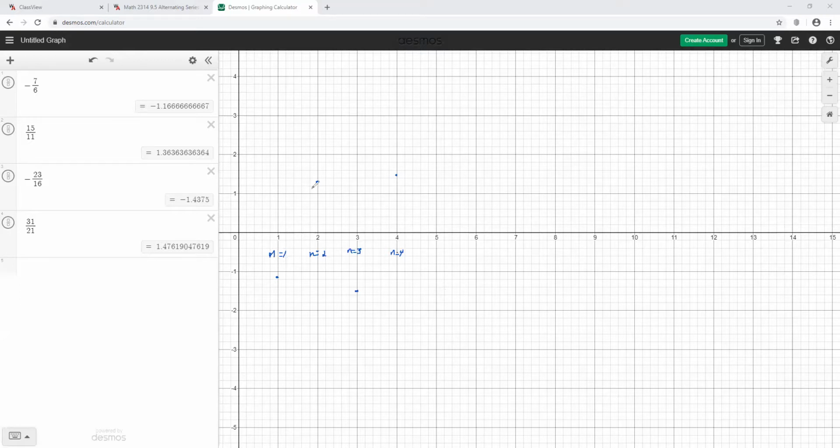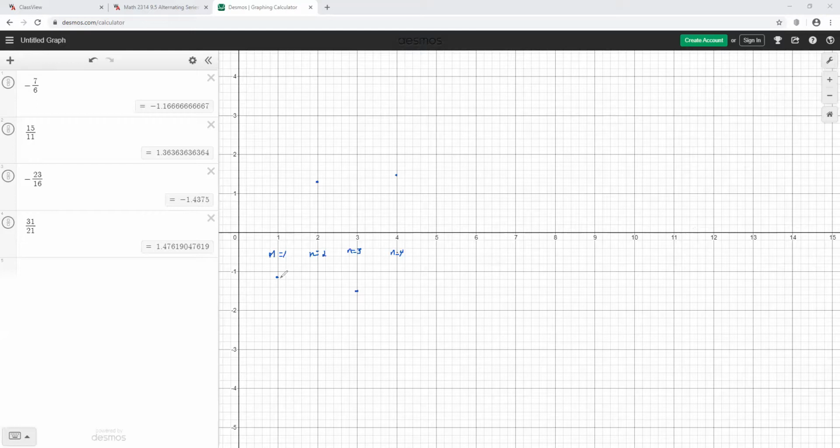But remember, the first step is the limit of these individual terms has to be converging to 0 if there's any chance for the sum of the terms to converge. They need to be alternating and getting closer and closer to 0 for the series to have a chance to converge.